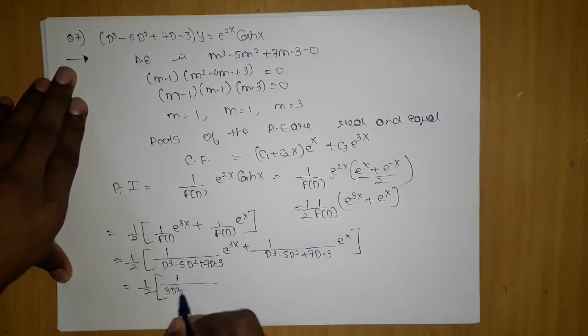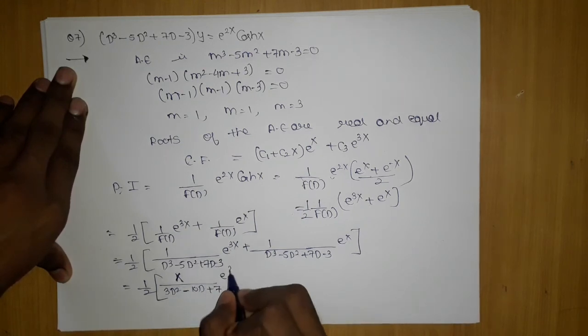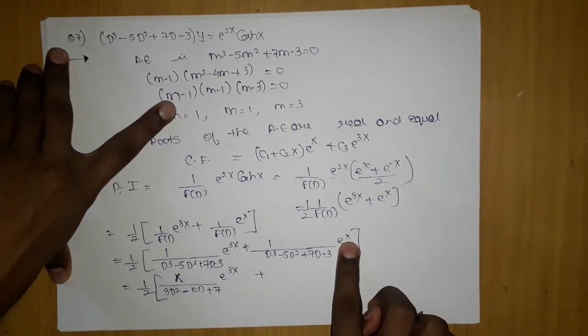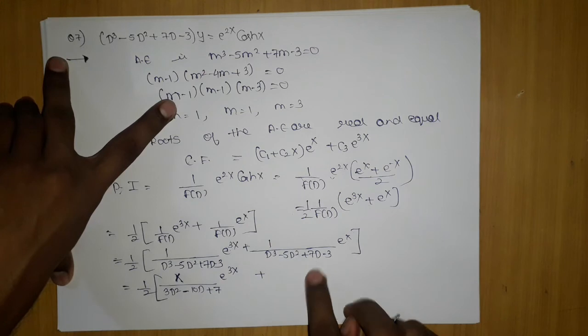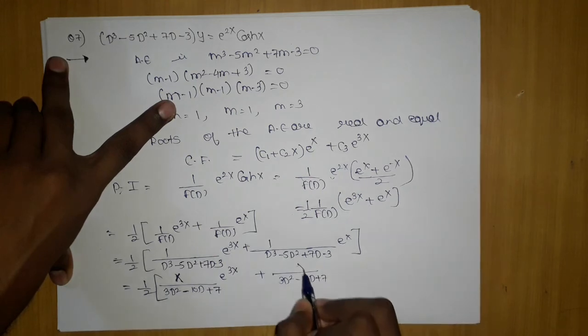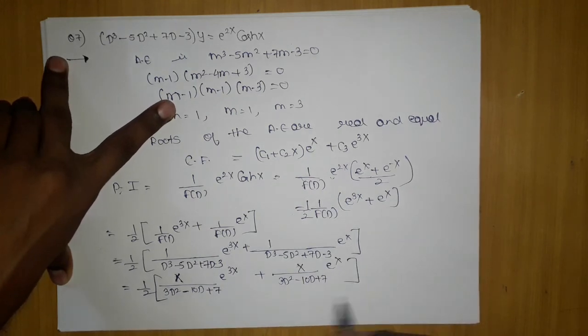So 3D square minus 10D plus 7, and multiply by x on top, e to the power 3x. Further on here, is 1 a root? Yes, 1 is a root. So again here also we have to differentiate, and we get 3D square minus 10D plus 7, x into e to the power x.